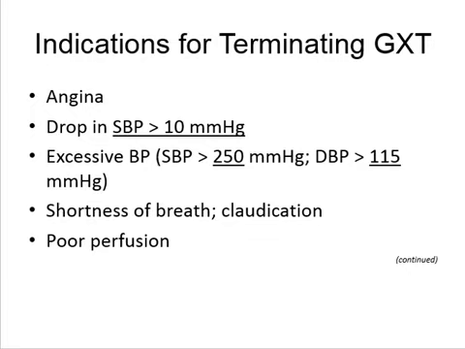Diastolic blood pressure will generally stay about the same throughout the test and may actually drop a little bit. So if you see a drop in systolic blood pressure where it should be going up, that's a reason to terminate the test. And if blood pressure generally gets over 250 for systolic or over 115 for diastolic, that's just too high and it's time to stop the test.